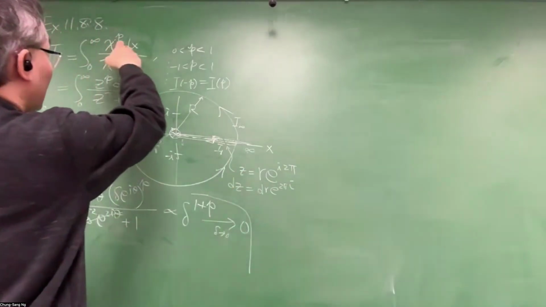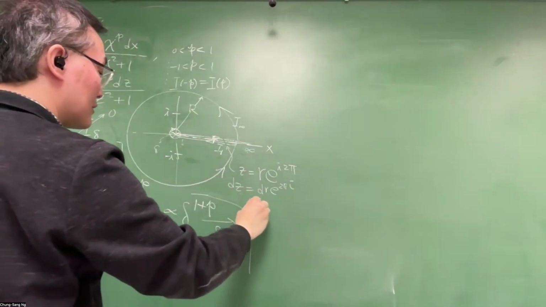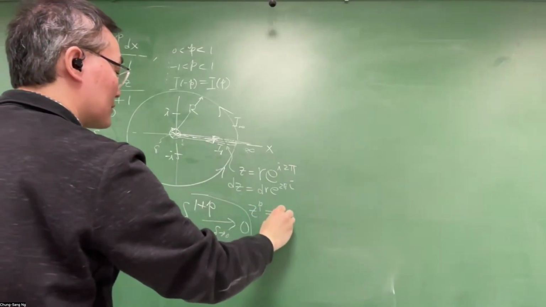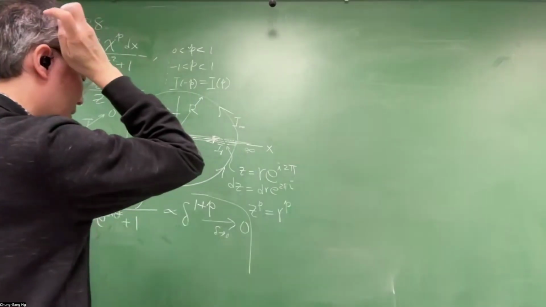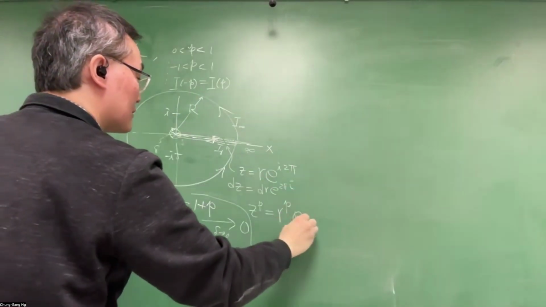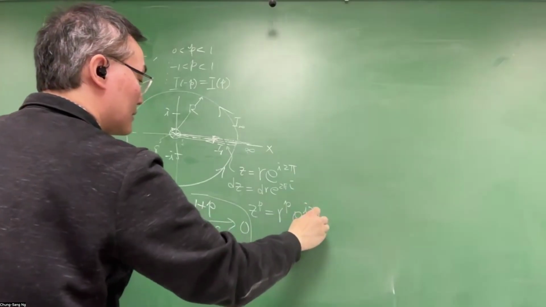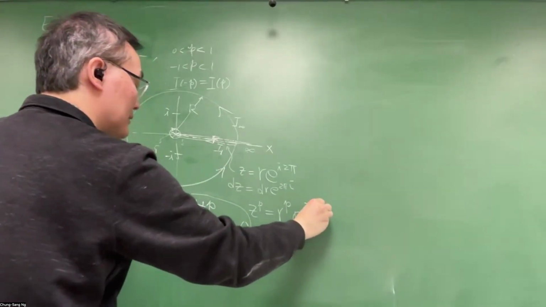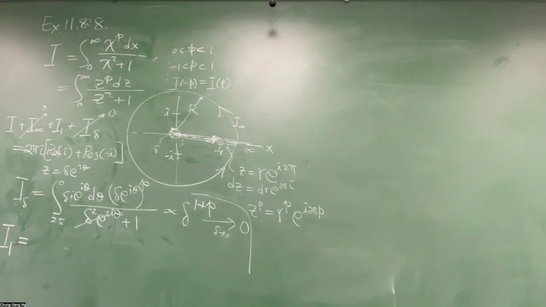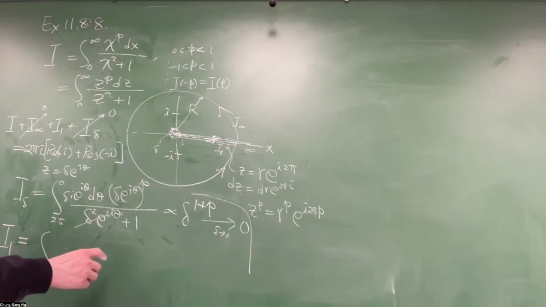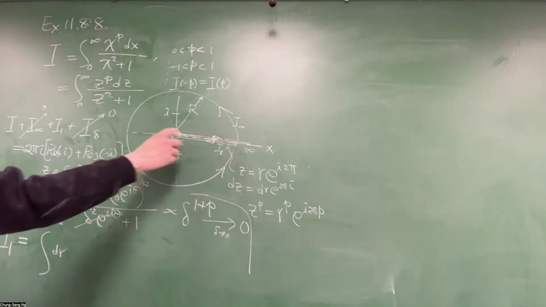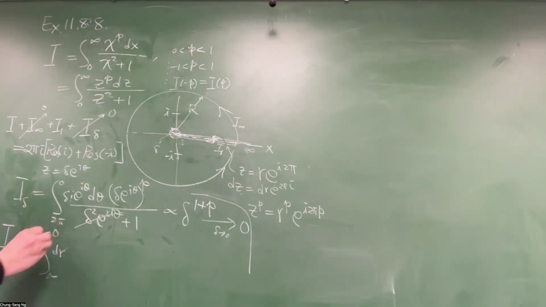And the tricky one is z to the p, or it becomes r to the p power, and e to the 2 pi i times p. Okay, so that's that part. Put everything together: this is just dr, e to the 2 pi i is just 1, but then you're integrating from infinity to 0, right?